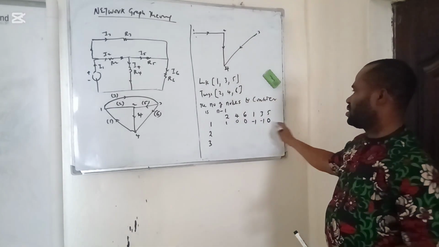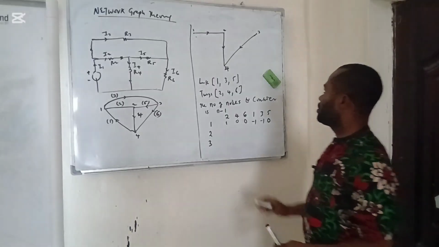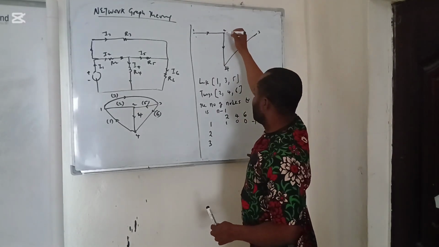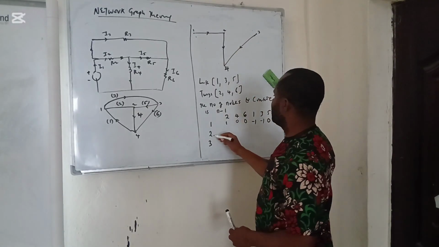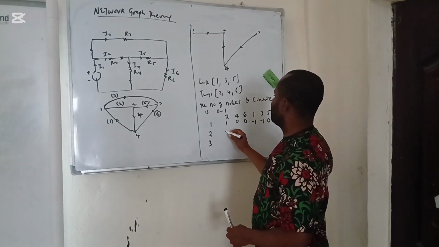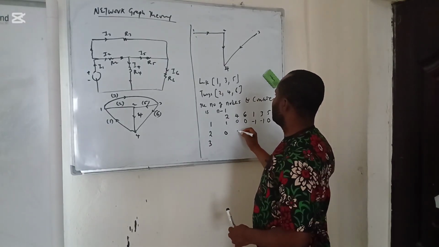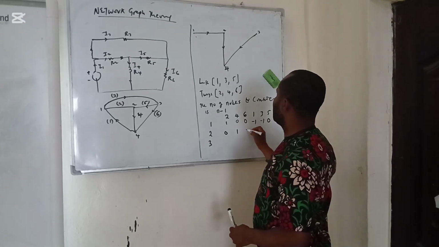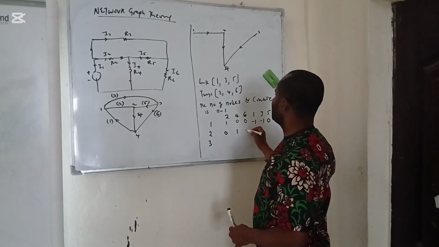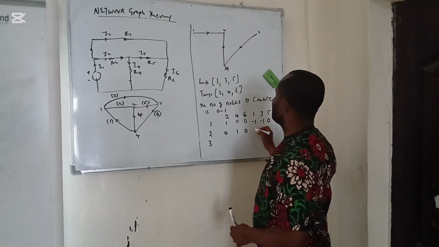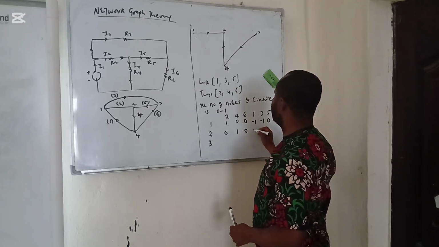So we have this. The next one to consider is node 2, and the relationship between it and branch 1 is 0, between 2 and 4 is 1, and between 2 and 6 is 0. Between 1 and 2 is 0.